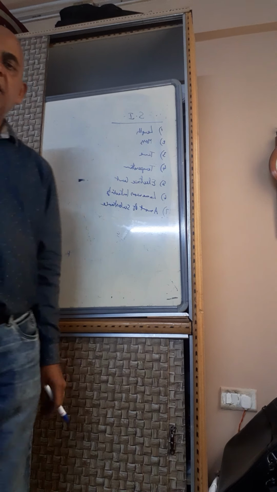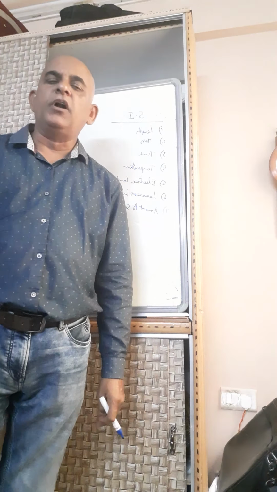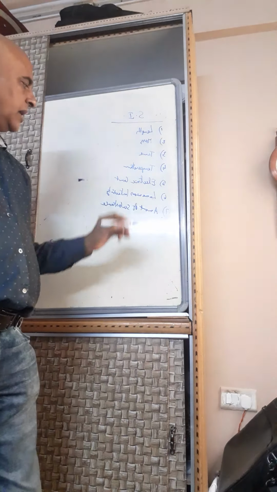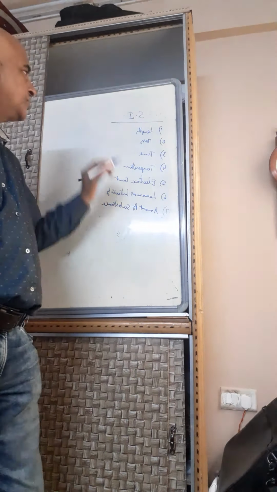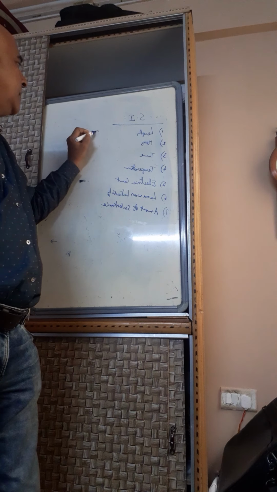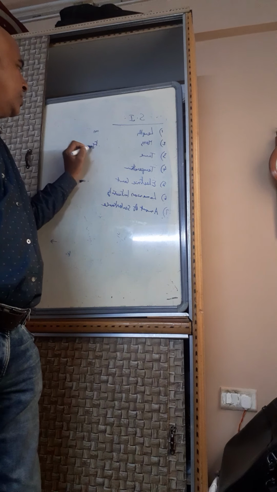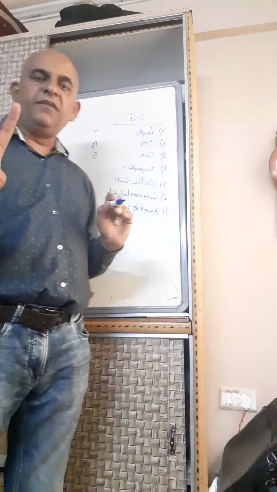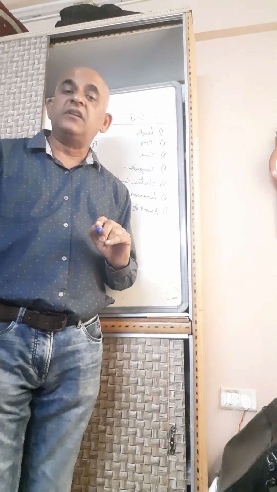So in the SI system there are seven fundamental quantities: length, mass, time, temperature, electric current, luminous intensity, and amount of substance. What about their units? Length is meter, mass kilogram, time second. For temperature, different scales are there: Centigrade, Fahrenheit, Kelvin, Reaumur.